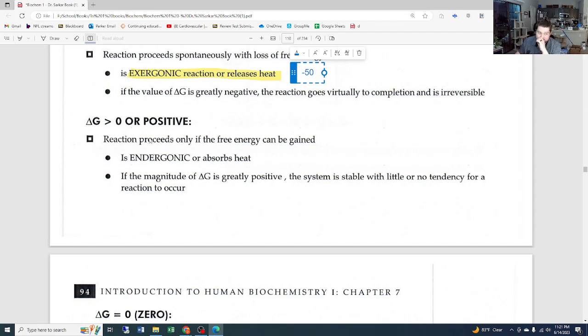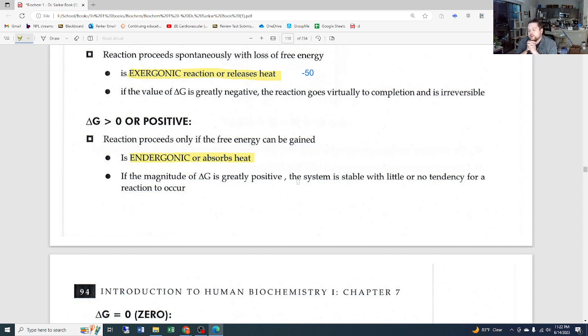If our reaction proceeds only if free energy can be gained, it is an endergonic reaction or absorbs heat. So you'll get a lot of questions about endergonic and exergonic, okay? Talking about like this reaction occurs and the delta G is this. Would this feel cold or hot to the researchers?